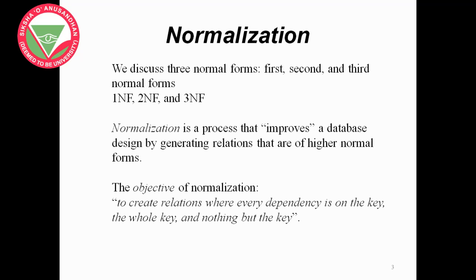The objective of normalization is to create relations where every dependent is on the key, the whole key, and nothing but the key. Here key means the primary key. As we have discussed earlier, for every relation there has to be a primary key.